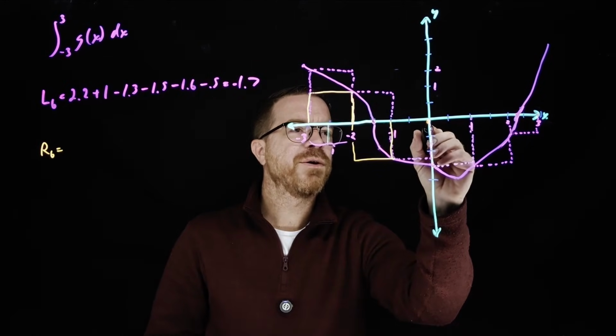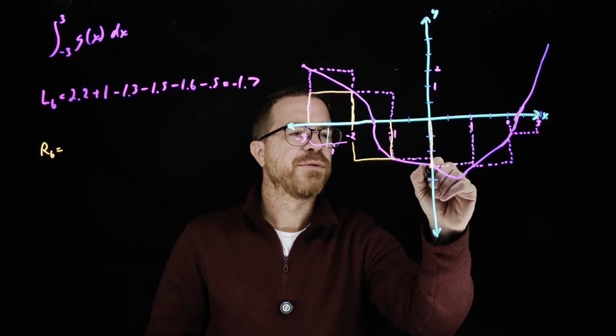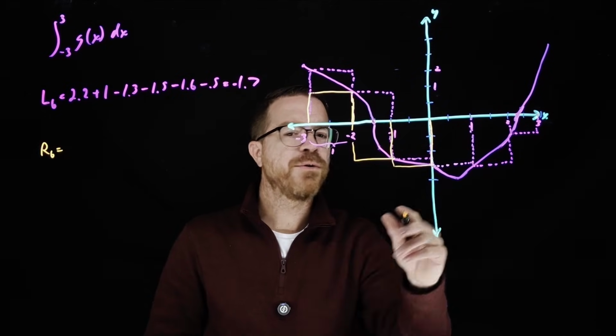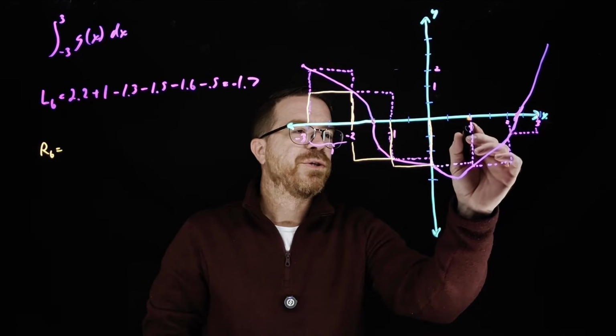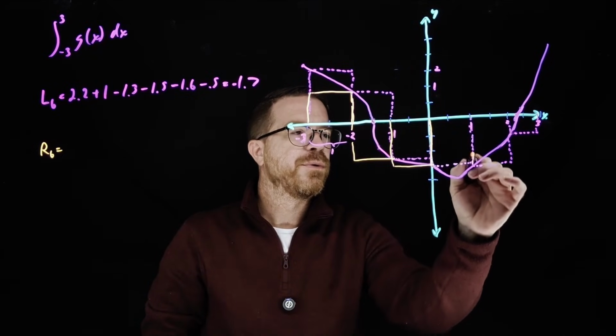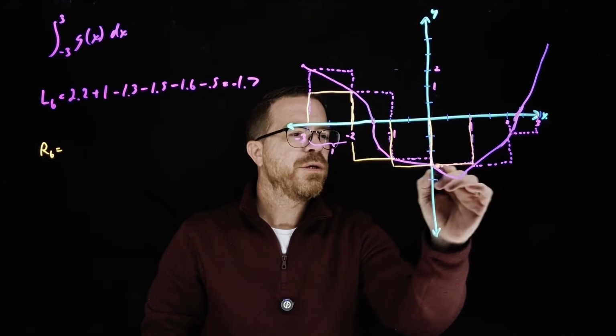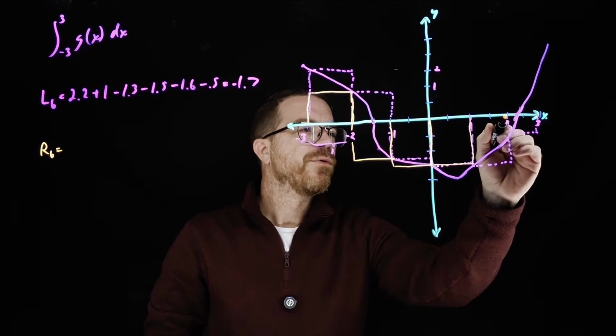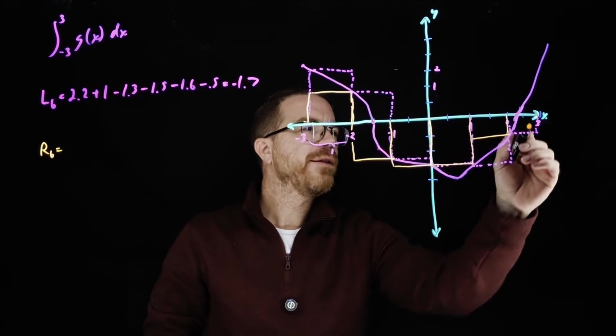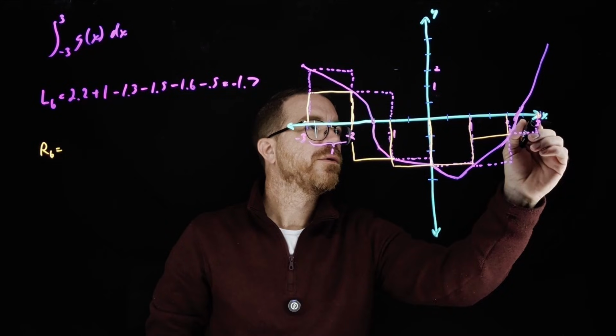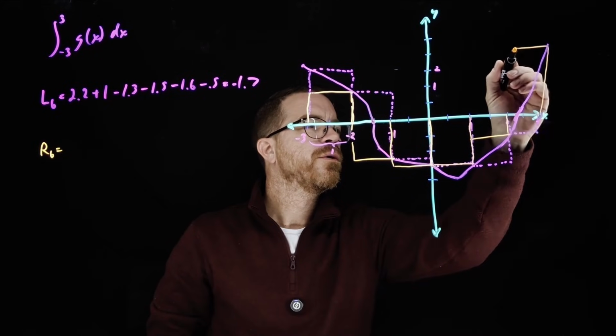For my third interval, I'm going to go down to the function and create my third rectangle. For my fourth interval, I'm going to go to my right-hand side, go down to the function, create my rectangle. Then the fifth interval, and then the sixth interval.